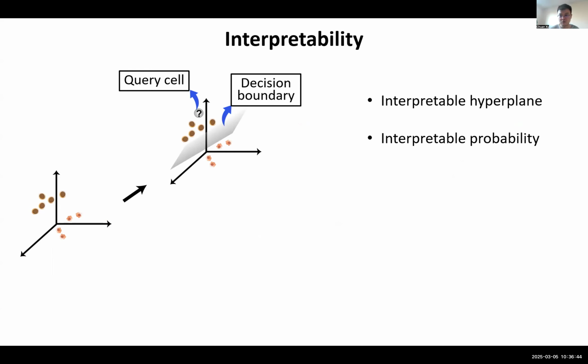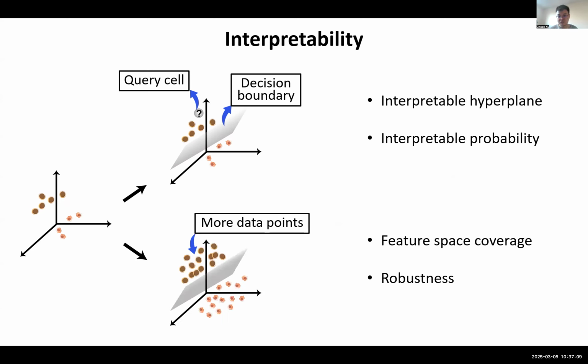Using logistic regression, CellTypist builds a linear hyperplane to serve as the decision boundary, which can be used to classify query cells into different cell types. This process naturally involves a probability output, which can be used to enhance the interpretability of our algorithm.